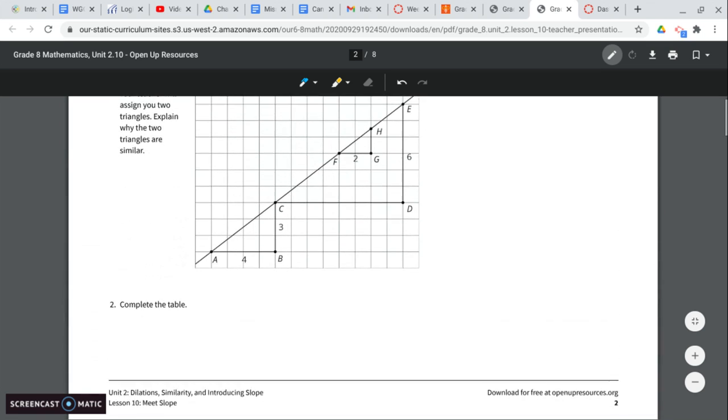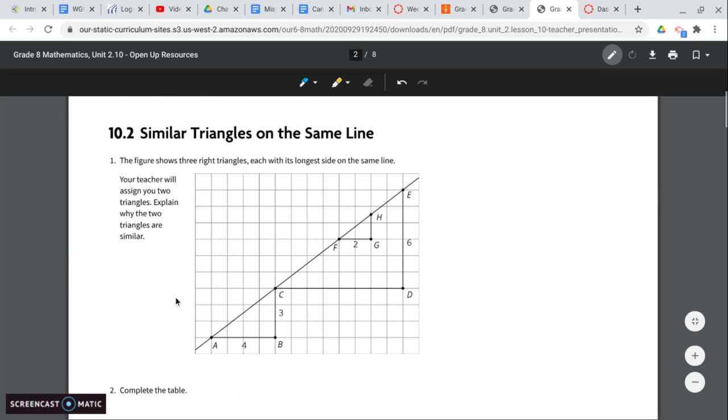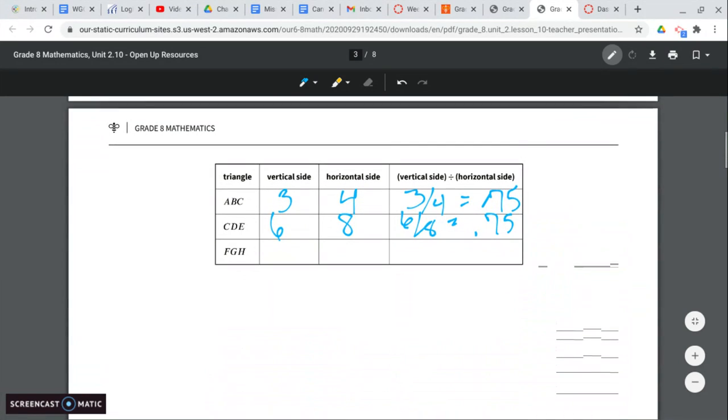Now we look at FGH. Here we have a side of 2 for our horizontal, and our vertical is 1.5. So we take our 1.5, we divide it by 2, we end up with 0.75 as well.